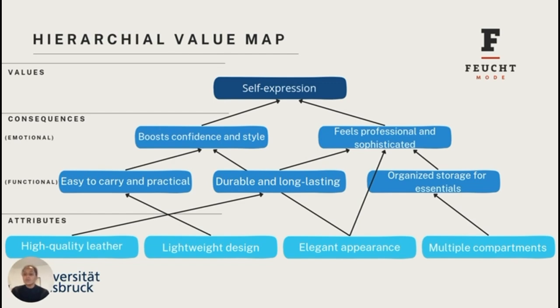By building this map, we can see the why behind the customer's preferences, which is crucial for creating effective marketing strategies. So we start at the bottom with the attributes, the specific features of the handbag that make it unique.